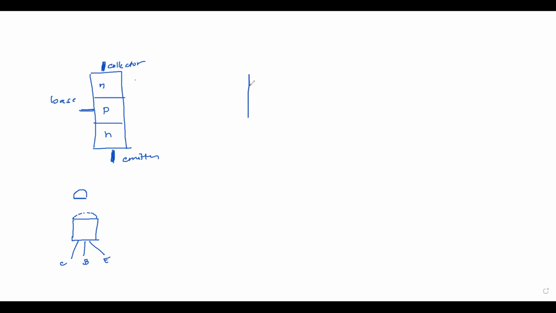So we have three legs here. This is usually the base. This is now your collector. This is now your emitter. In the NPN transistor, the arrow is usually going down.